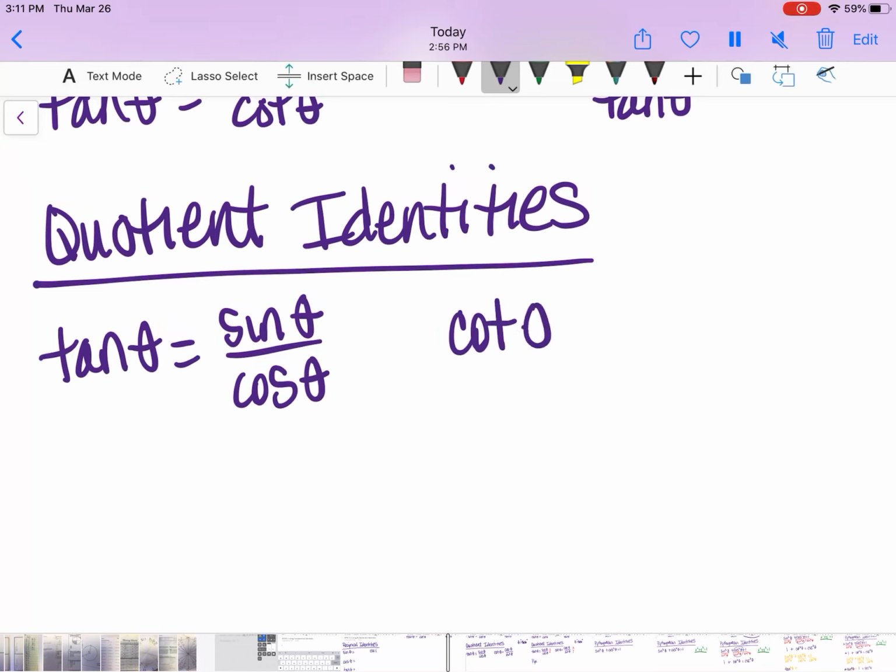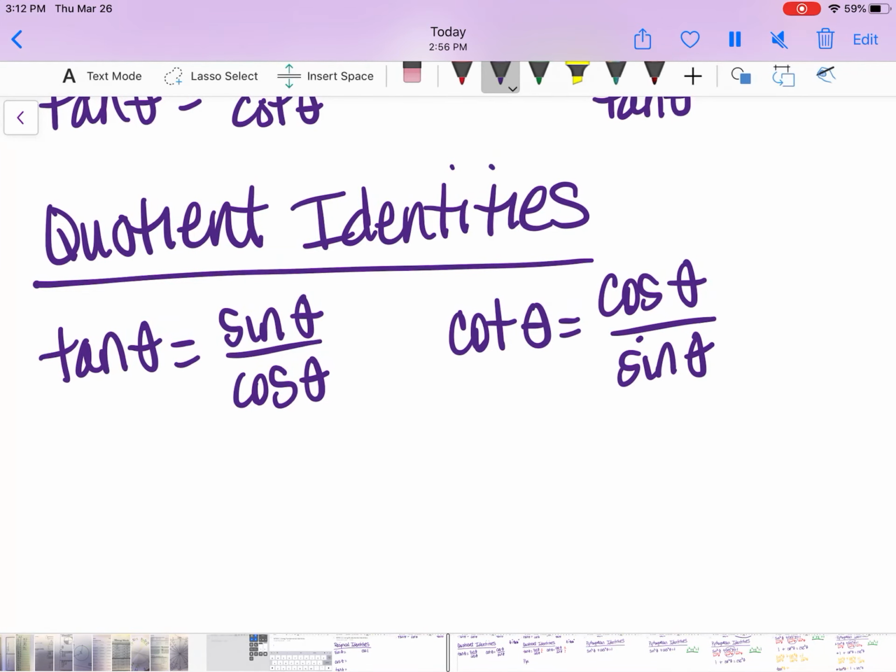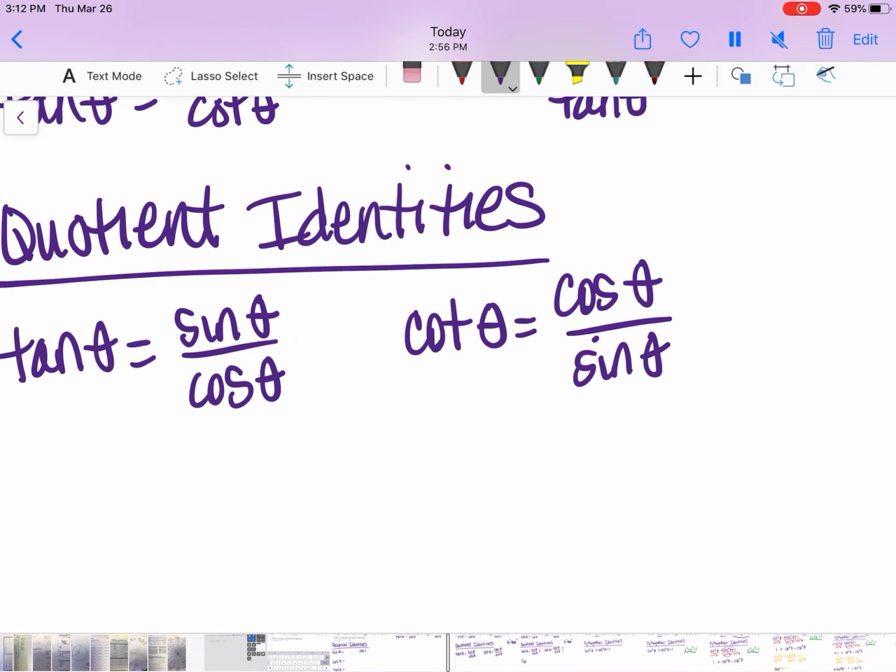And then cotangent is equal to cosine over sine. So while we really haven't seen them written like this before, that still shouldn't be anything too stressful.